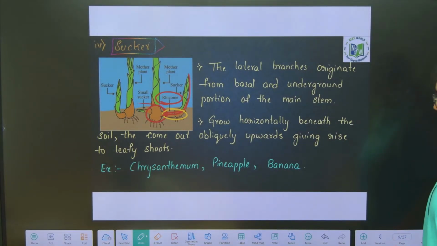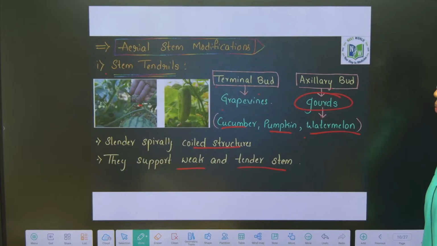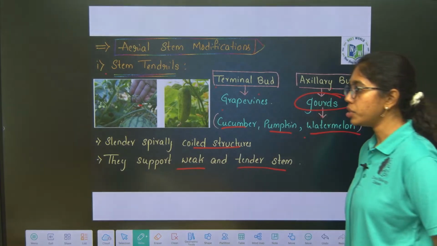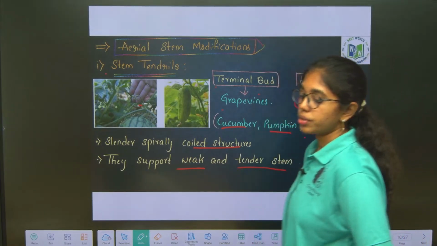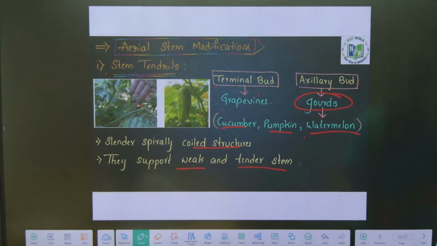Done? Next is stem tendrils, aerial stem modifications. You keep the heading of aerial stem modification and then take down this. Specify both the modification of terminal bud and axillary bud.